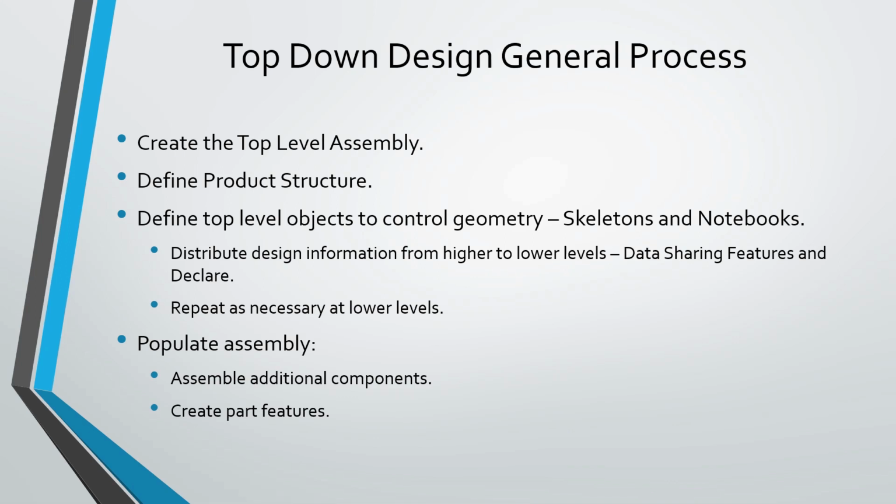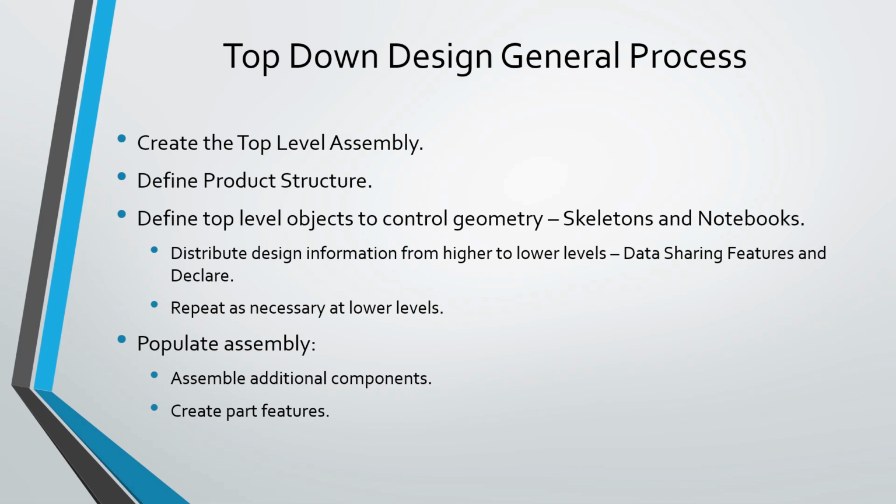At different times in the process, you will be populating your assembly. For example, you will be placing additional components in the assembly. Those might be commercial off-the-shelf components. They might be components that you leverage from an existing design. Those might be parts that come from your suppliers and vendors and subcontractors. They may be parts that were designed separately outside of the top-down design process.